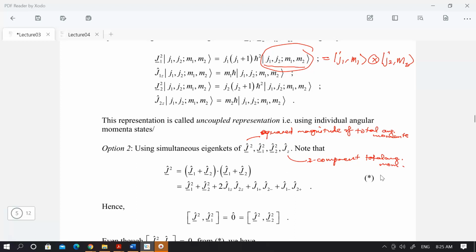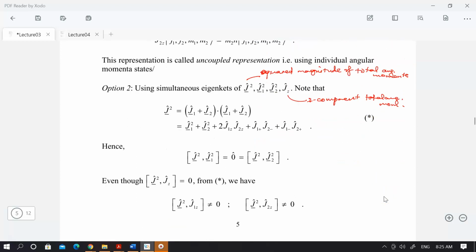So of course over here you already had the J squared and Jz, but then you also have your J1 squared and J2 squared to be commuting with all these, what I call J squared and Jz.